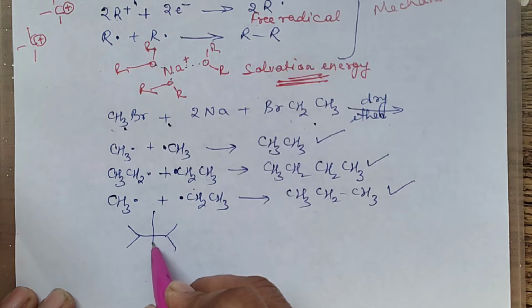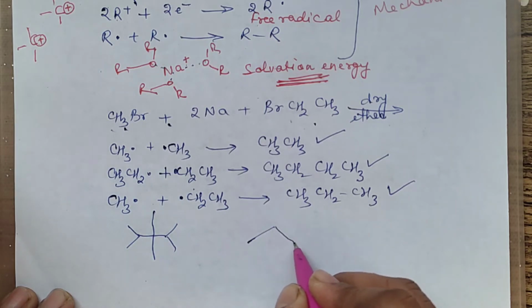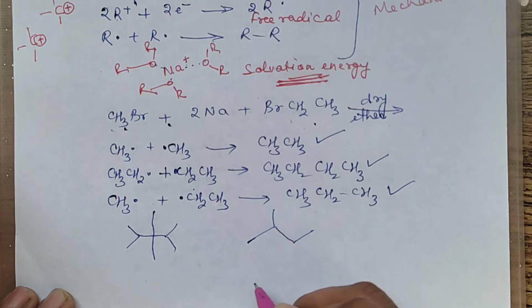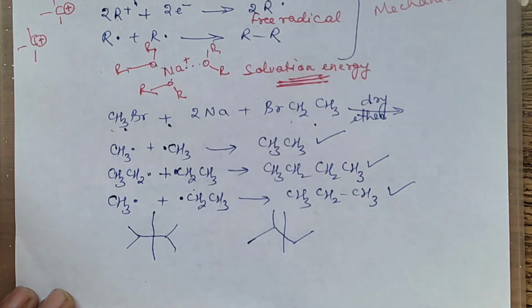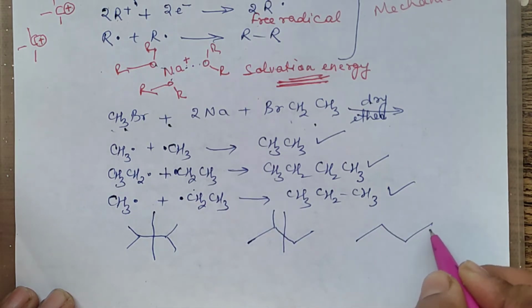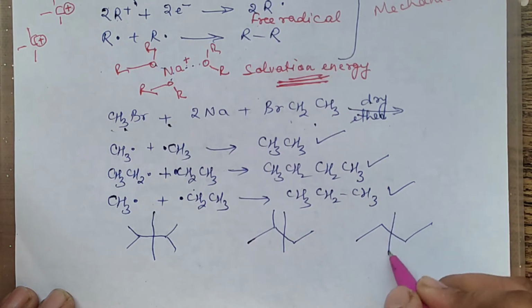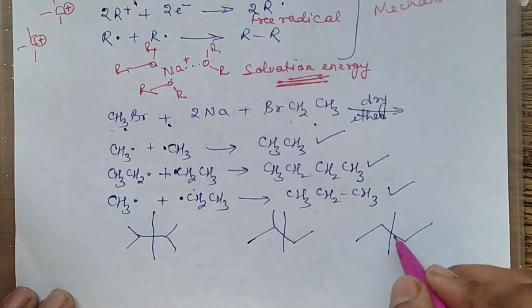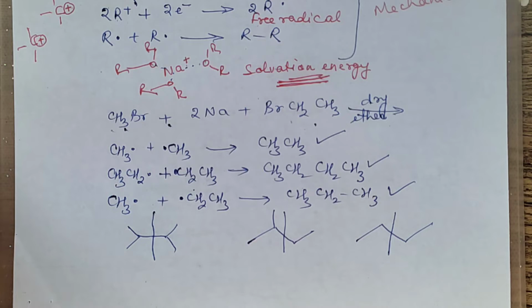Yes, I can prepare, because you can break it into two halves. Can I prepare this one? No, I cannot prepare because it is not symmetrical. Can I prepare this one? Yes, I can prepare, because I can use ethyl and ethyl, it will form butane. Okay, so you can prepare only those alkanes which have an even number of carbon atoms, not odd.